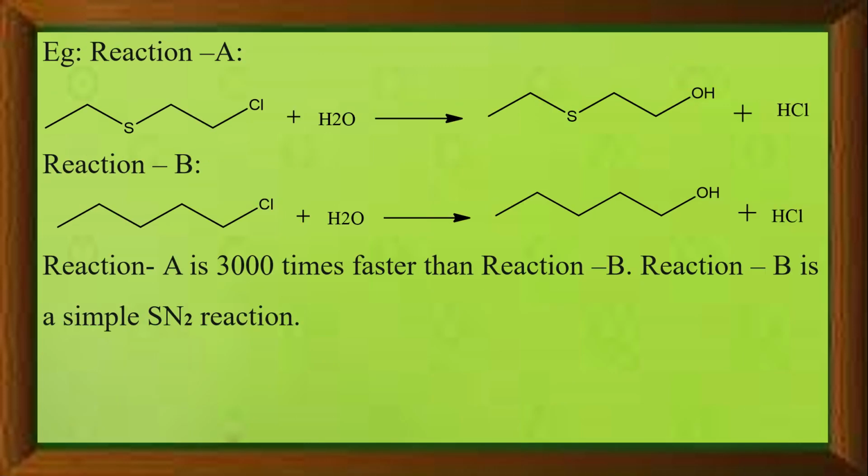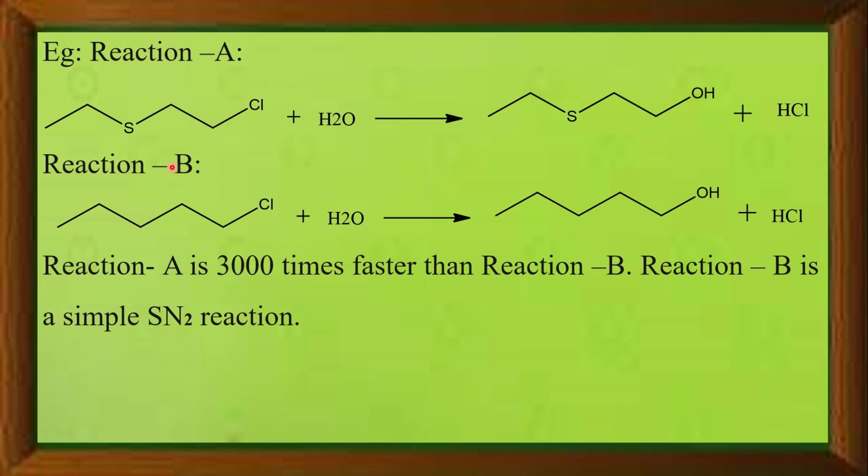Can better explain the neighboring group participation. So here it is this point at which nucleophilic substitution has to take place, where the chloride is the leaving group. Next to this carbon, we have this carbon with sulfur. This sulfur is going to behave as a neighboring group in pushing out the chloride.